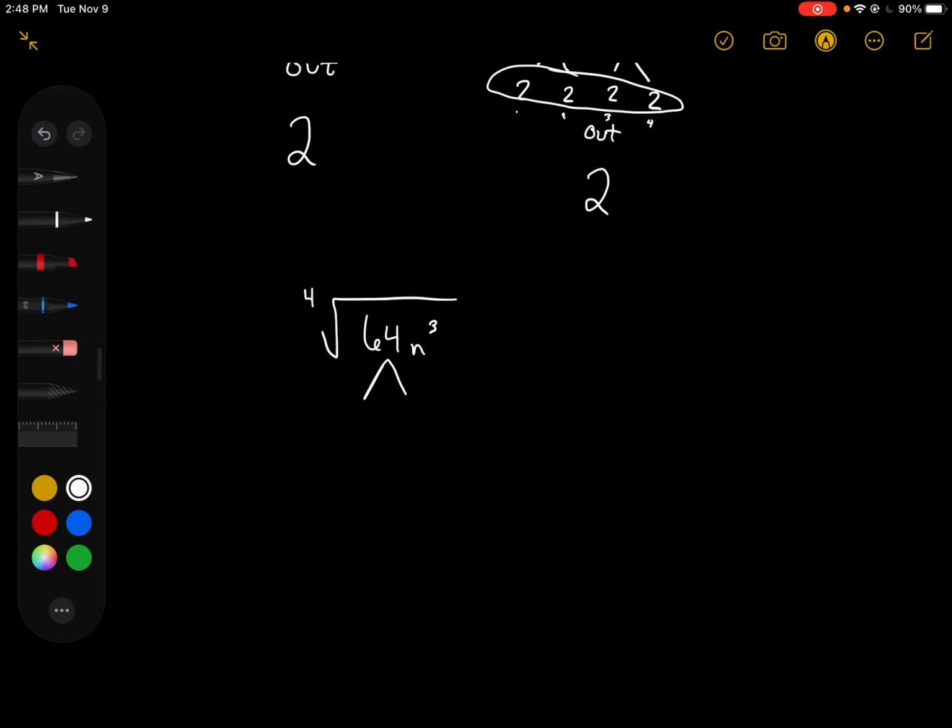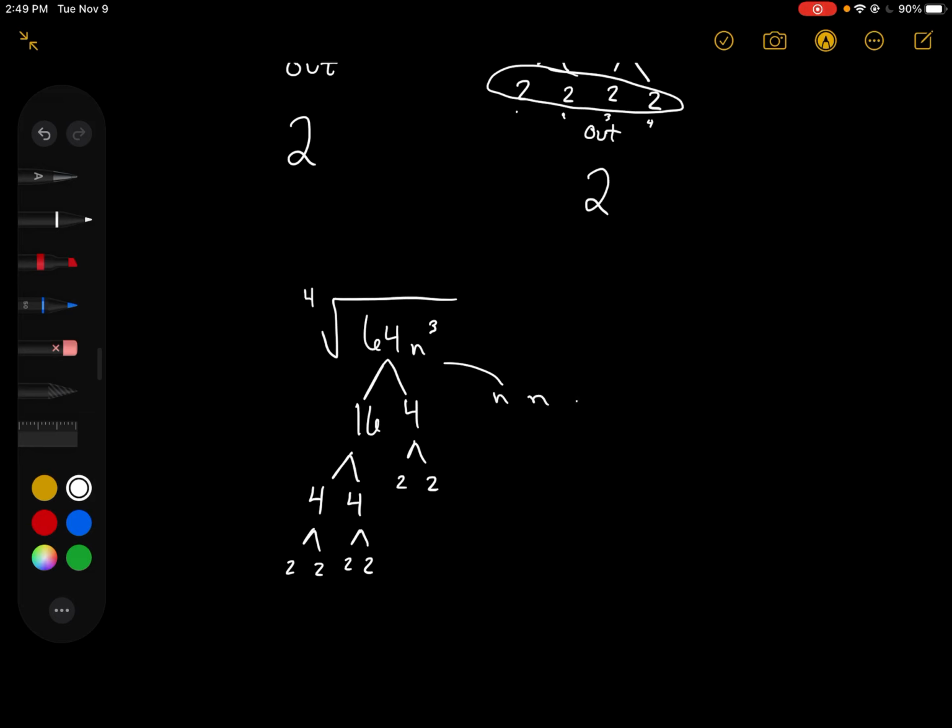So 64, we can divide that into 16 and 4. 4 we can divide into 2 and 2. 16 we can divide into 4 and 4. 4 we can divide into 2 and 2. And 4 we can also divide into 2 and 2. So when we do this, again, we need to have 4 of the same thing to take it out.